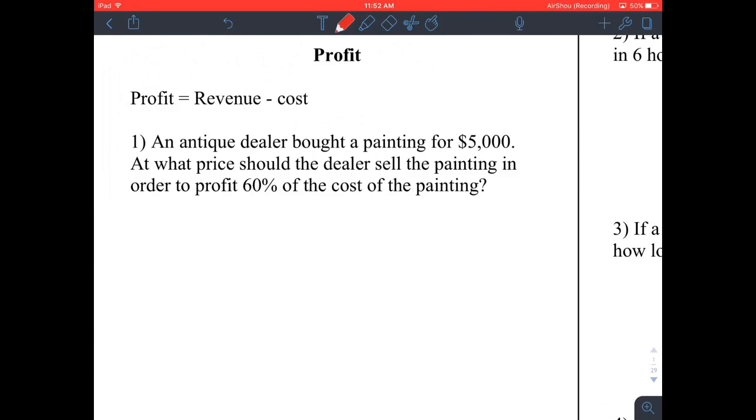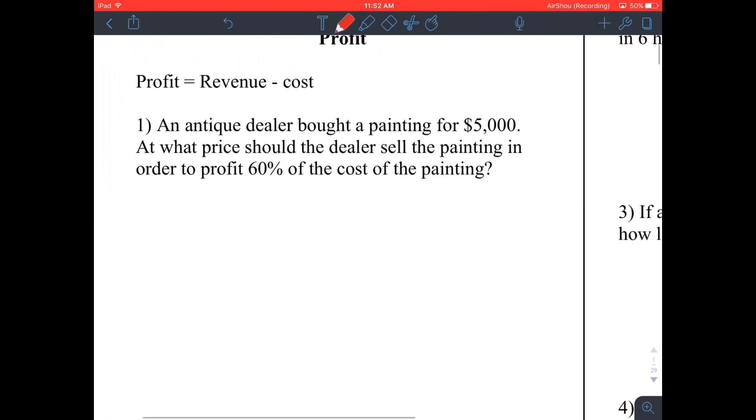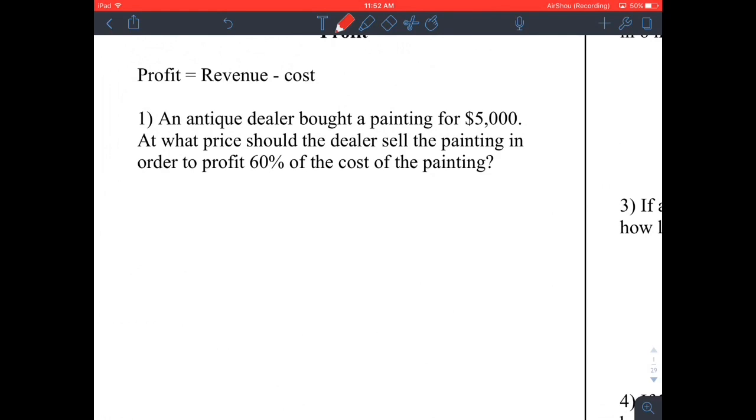Example, an antique dealer bought a painting for $5,000. At what price should the dealer sell the painting in order to profit 60% of the cost of the painting? You can do this once again in a couple different ways, and we don't actually use this formula for this problem.